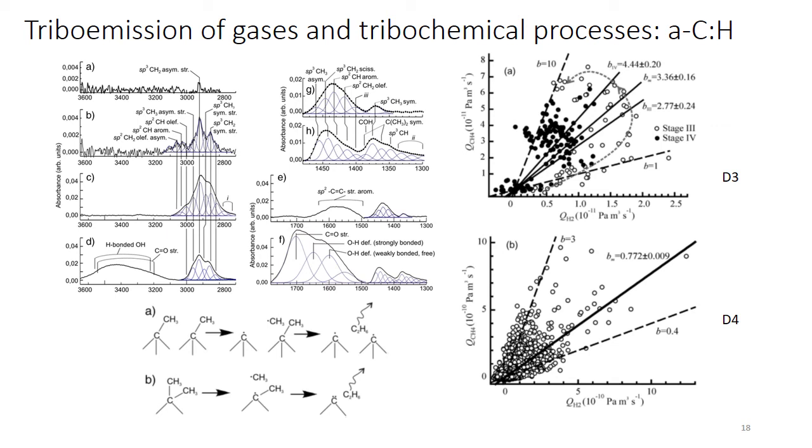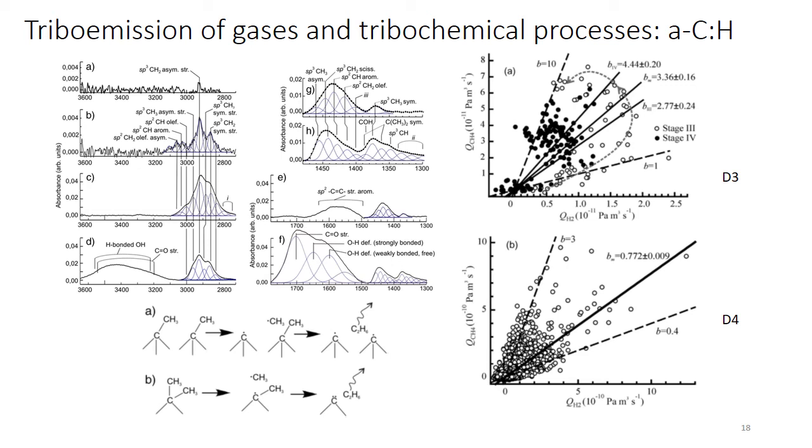In case of the highly hydrogenated coating, it is more stable with friction duration, and the ratio can be found between 0.4 and 3. This means that there is much higher relative concentration of hydrogen than methane in this case.